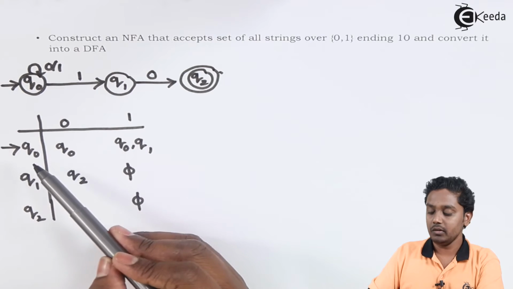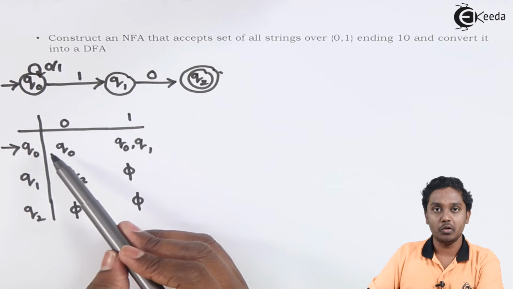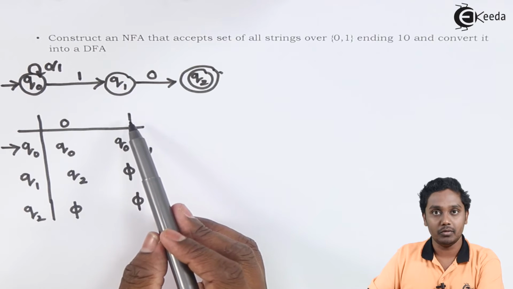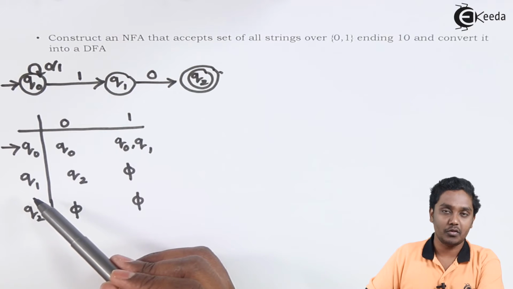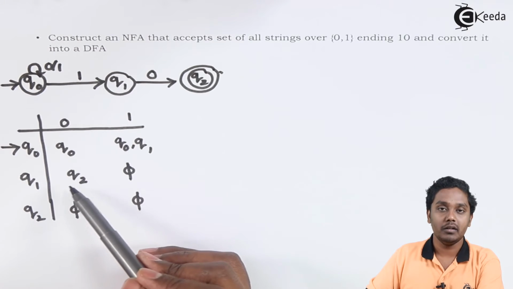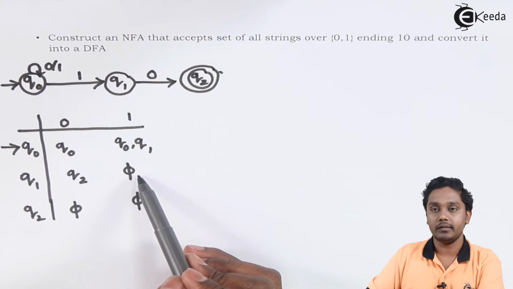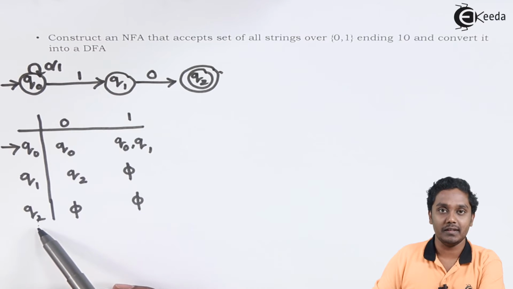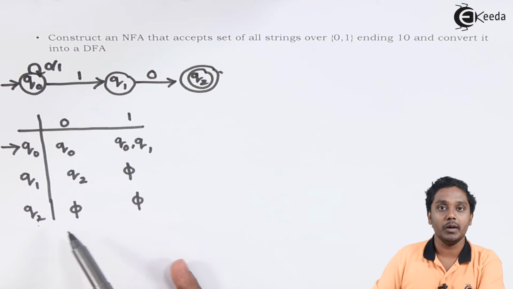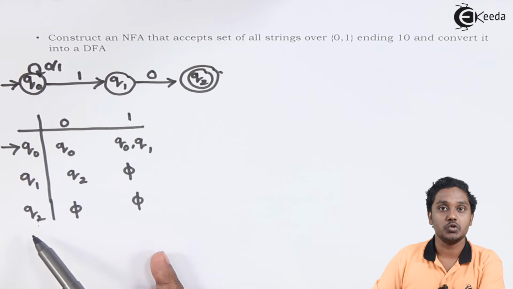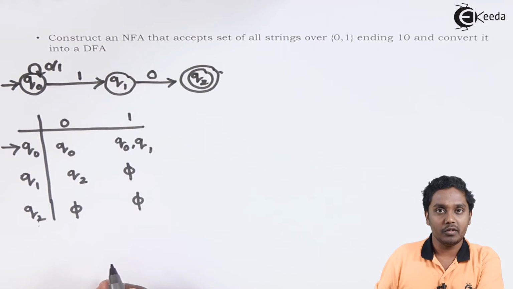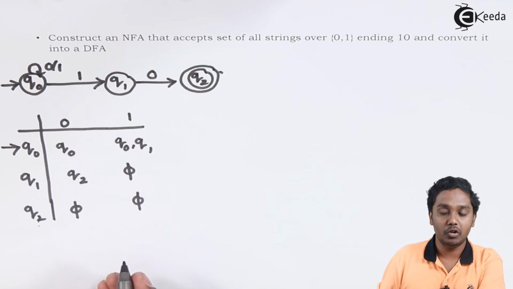Similarly, Q1 has a transition to Q2 on 0, but there is no transition from Q1 on 1. Q2 has no further transition, hence in Q2 you will see a null symbol for both 0 and 1. That means Q2 has a transition to the dead state on both 0 and 1. We know that Q2 is a final state, so let us mark the final state Q2.